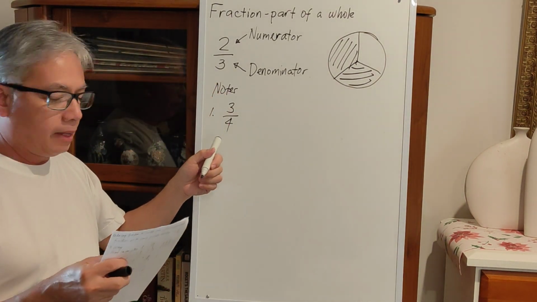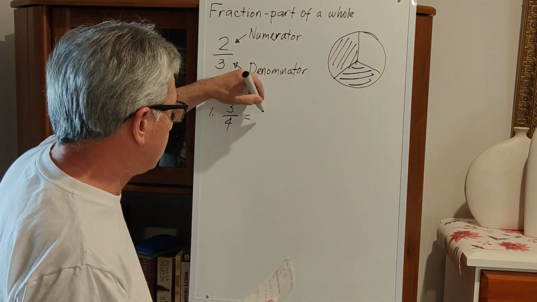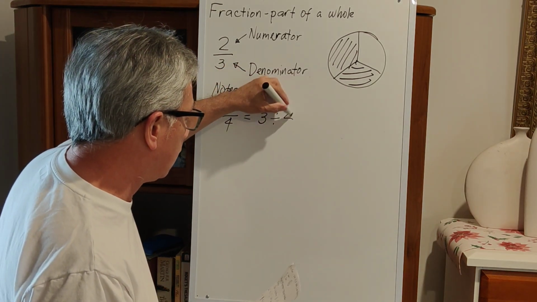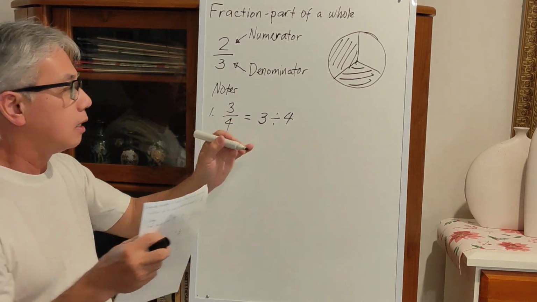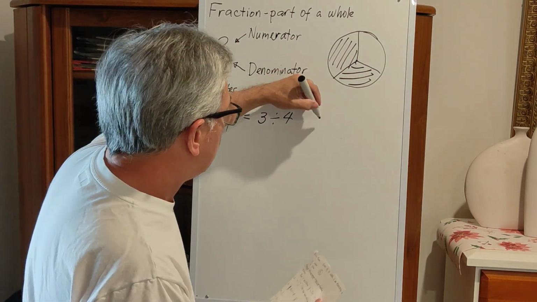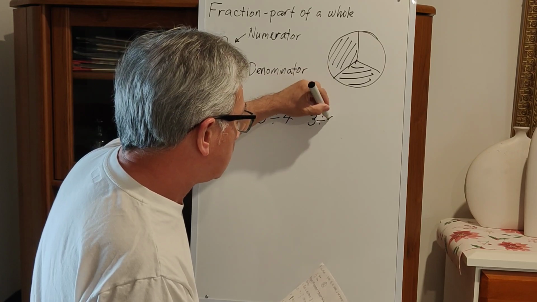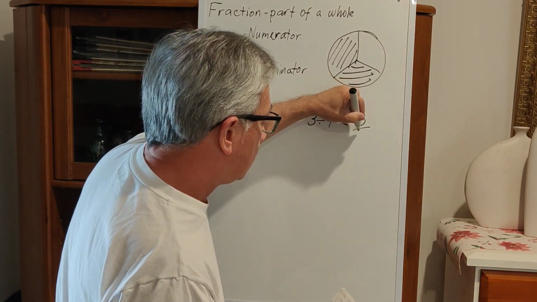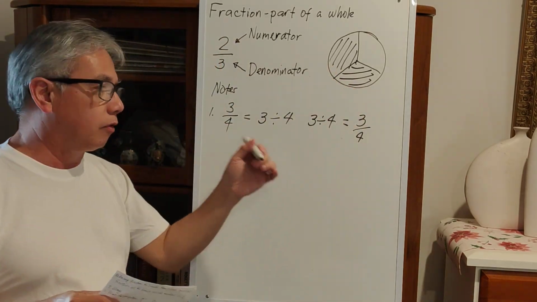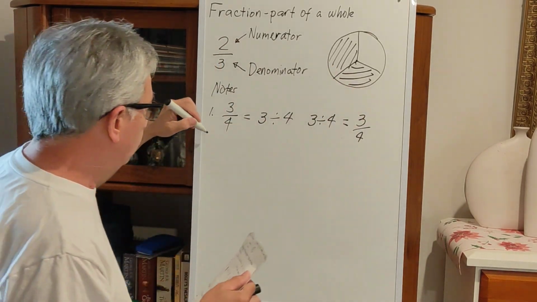We can rewrite this fraction as 3 divided by 4. And conversely, if we see 3 divided by 4, we can rewrite it as 3/4.